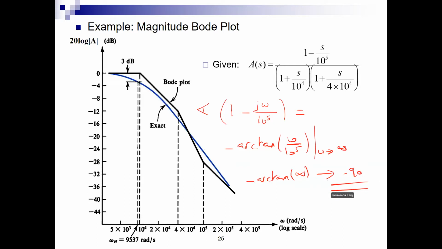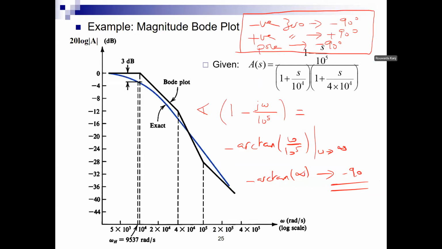Okay, so a negative zero at infinity will contribute minus 90 degrees. A positive zero at infinity will contribute plus 90 degrees. And a pole will contribute what? A pole has to be positive, but it is going to contribute minus 90 degrees. So this is very important for you to remember.